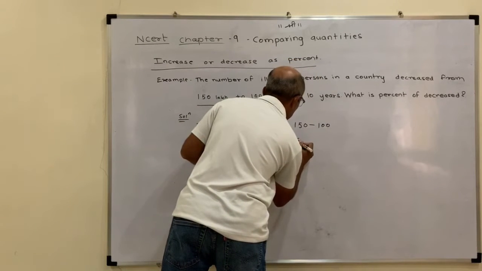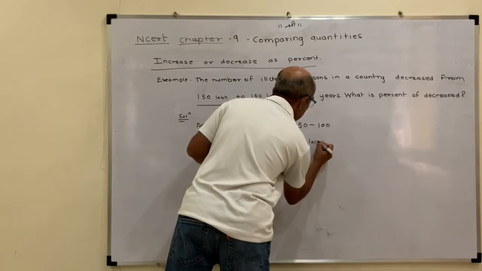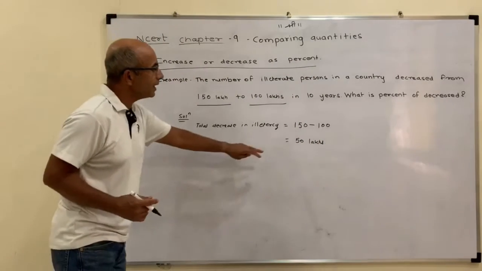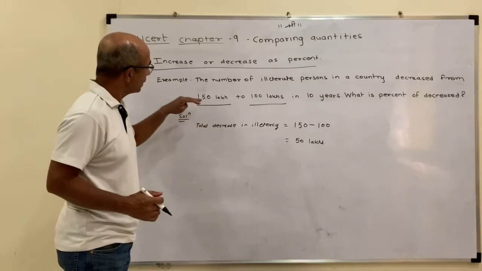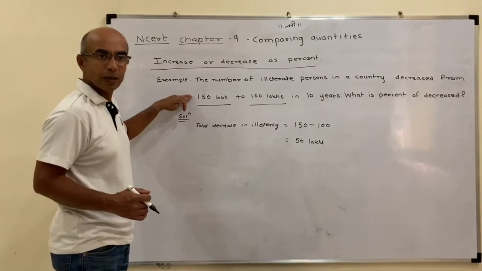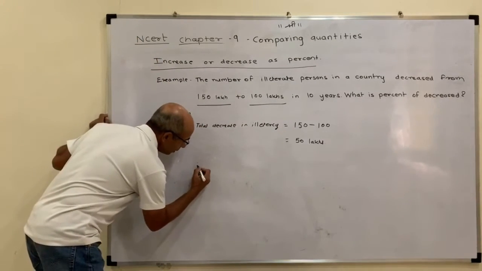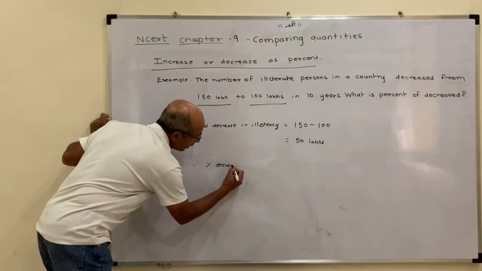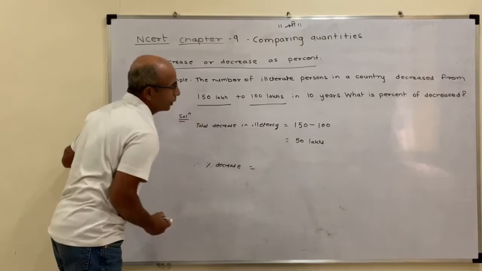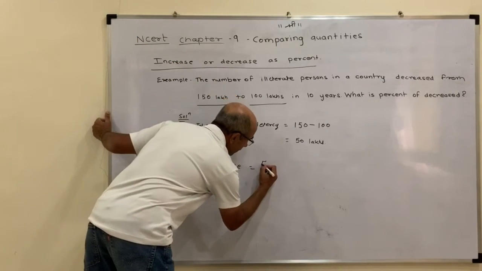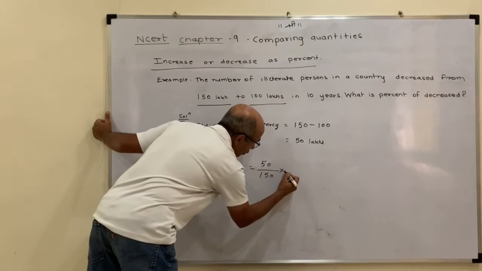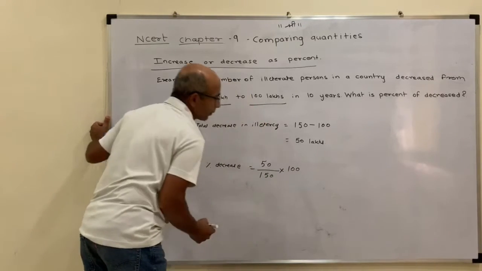So it comes out to be 50 lakhs. Right? So this 50 lakhs is a decrease from what? 50 lakhs is a decrease from 150. So therefore, percent decrease equals 50 divided by 150 into 100.